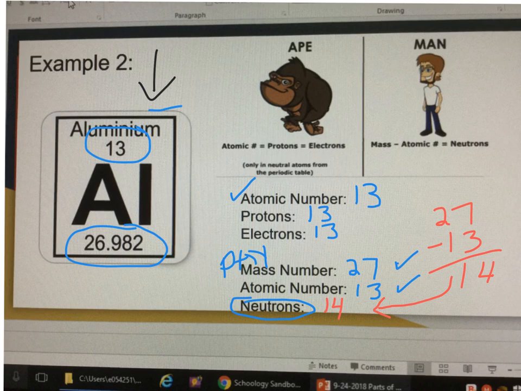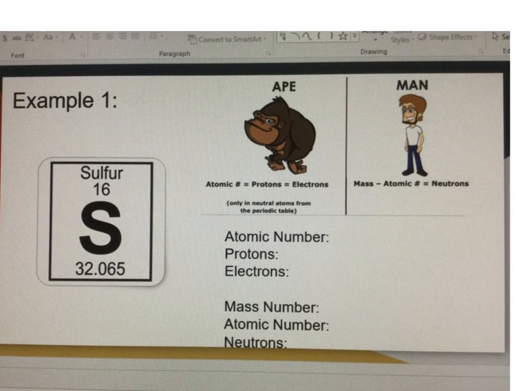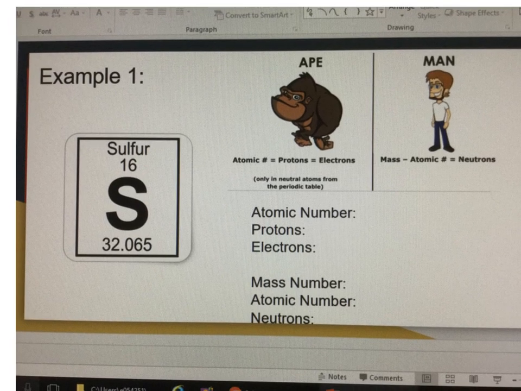Okay? Let's go ahead and do another example, and you're going to do it on your own. Okay, this is sulfur. Here's the information that you need for sulfur. Okay, so fill out all of these, try it on your own, and I'm right here on Zoom for you to ask questions. Okay. You can hit pause.